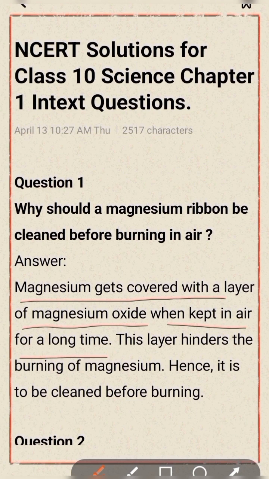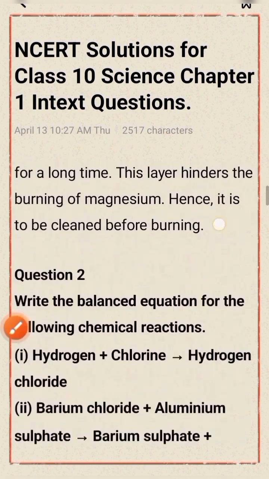This layer hinders the burning of magnesium, hence it is to be cleaned before burning. Okay, next question, question number 2.